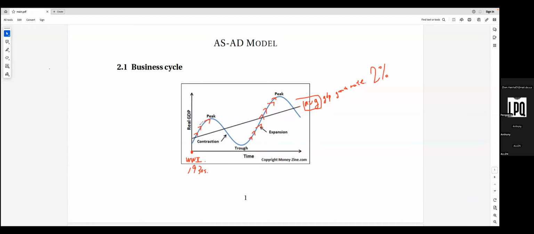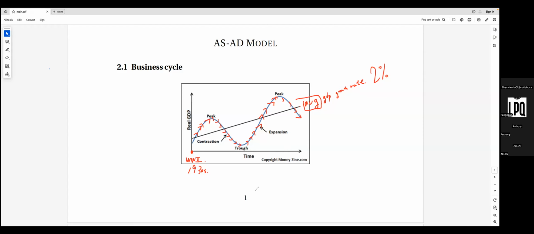But after this good time, terrible situations are also always followed by it. So after this peak, you guys can see GDP begins to decrease. So these are fluctuations.